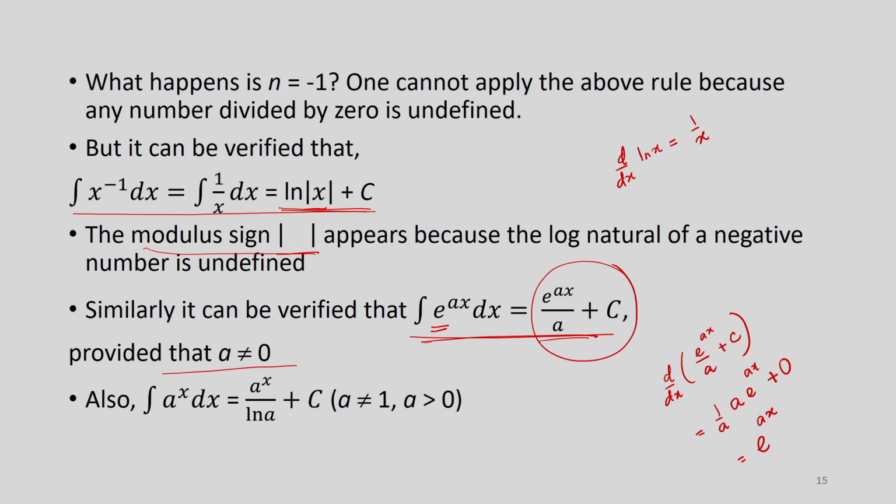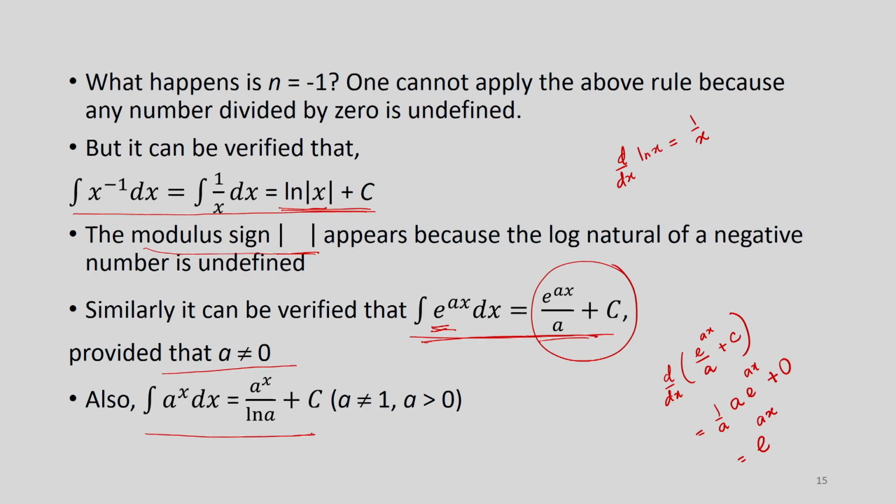So, instead of the exponential function like this, if I take a to the power x, right, a is any constant, then what happens? Then it should be equal to a to the power x divided by log of a plus c, and of course, I have to make sure that a is not equal to 1.